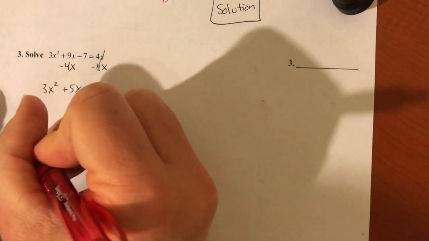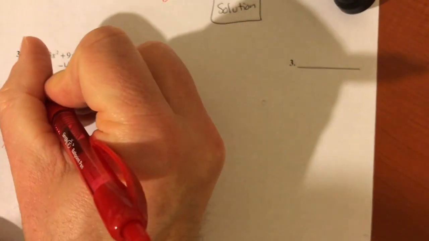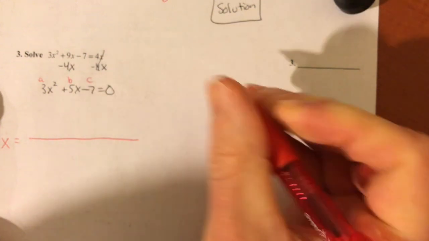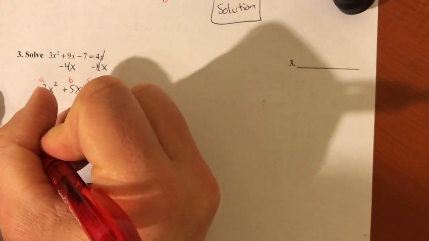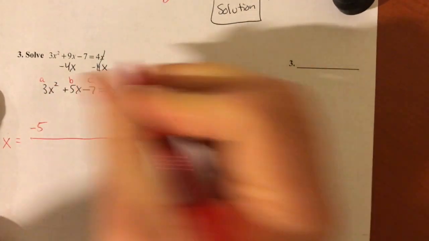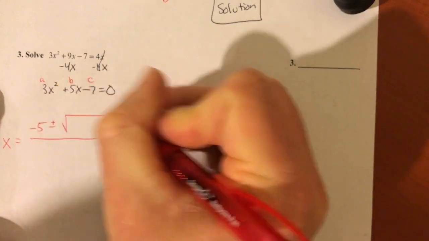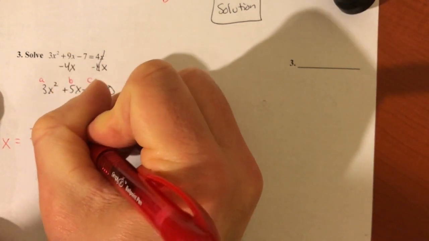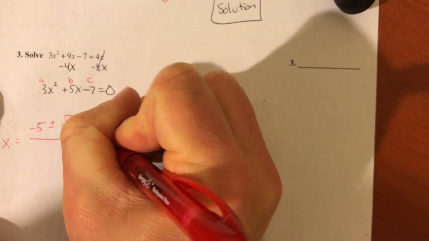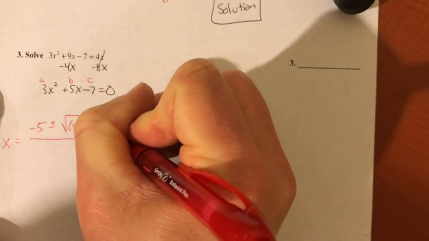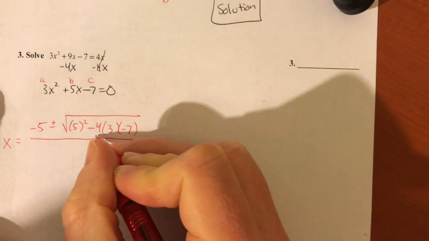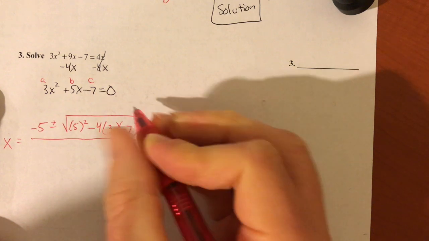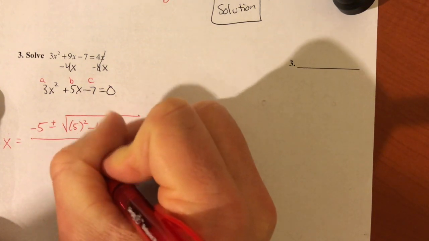X is equal to, this is your A, this is your B, this is your C. X is equal to negative b, so negative 5, plus or minus the square root of b squared minus 4ac, negative 4 times 3 times negative 7, all over 2a.